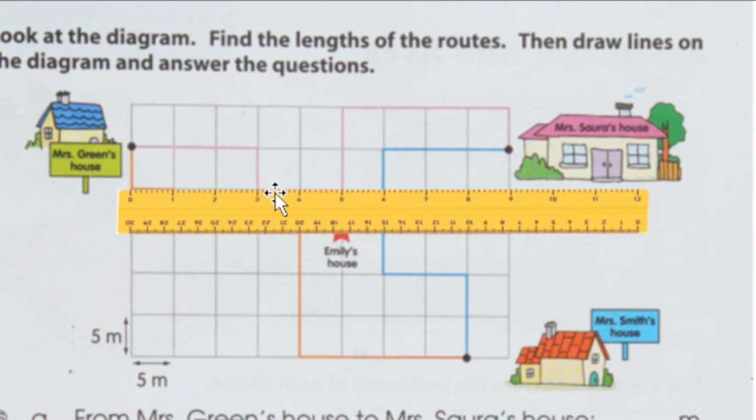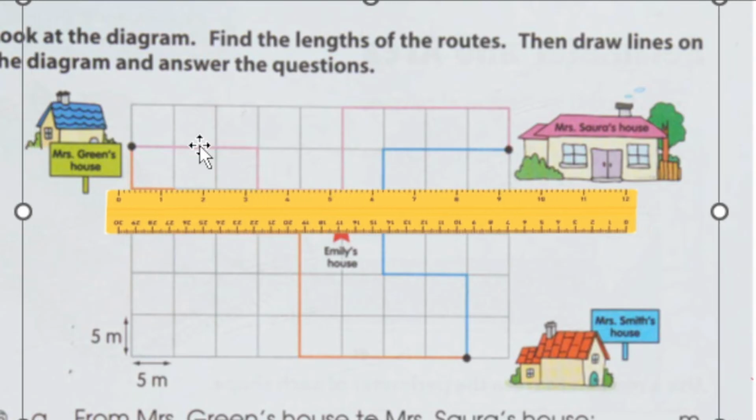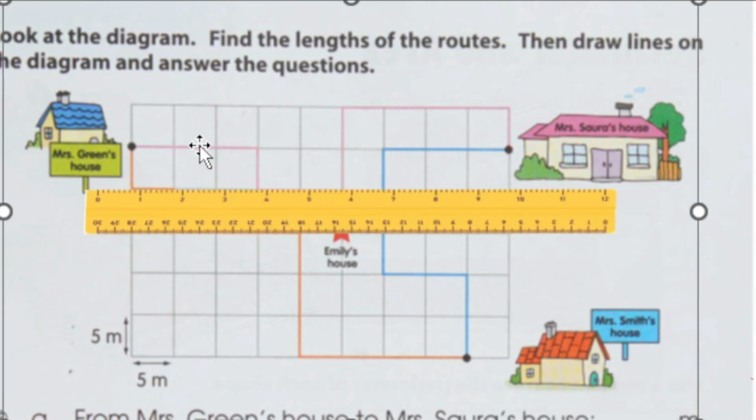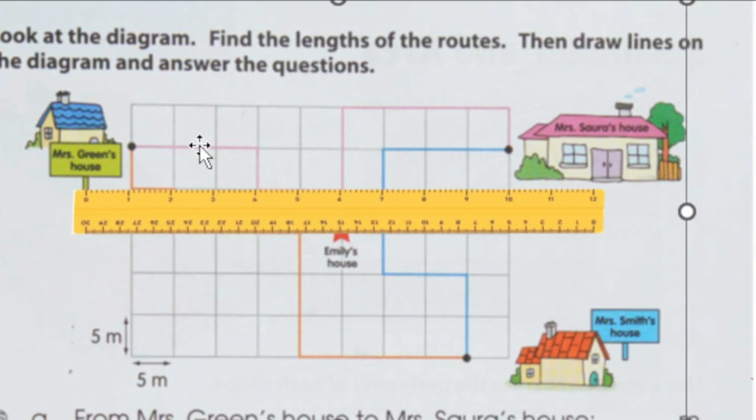Now I will shift the scale leftwards to the door of Green's house. Well, now it is fixed. So this is more than 12.